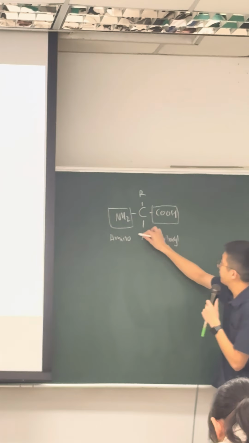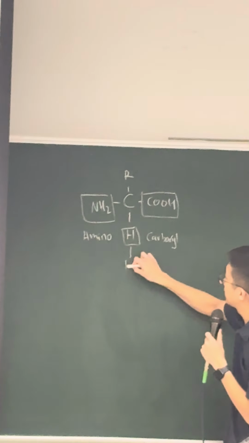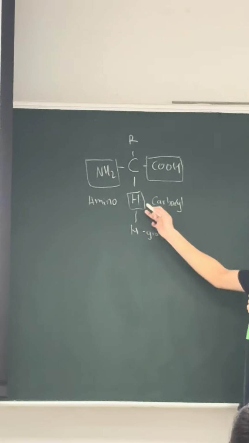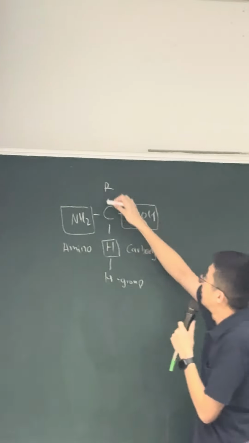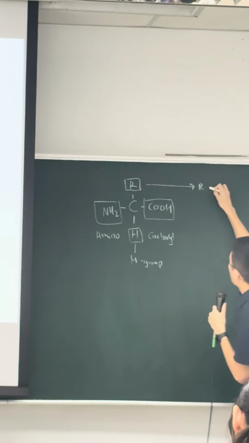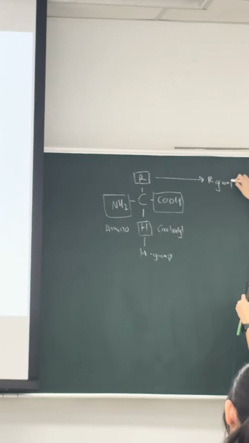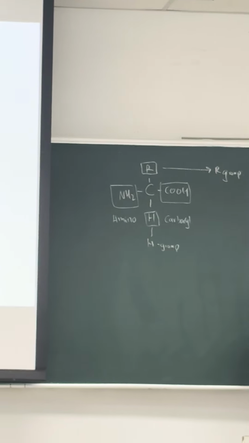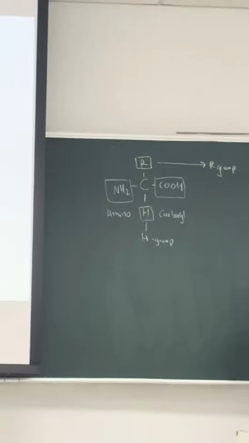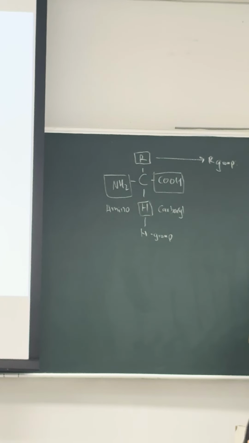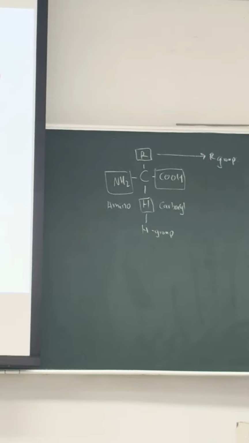You have the H, but basically this will not change, the hydrogen. Most important is the R group. How many R groups do we have? 5 R groups: polar, non-polar, aromatic, positively charged, negatively charged.